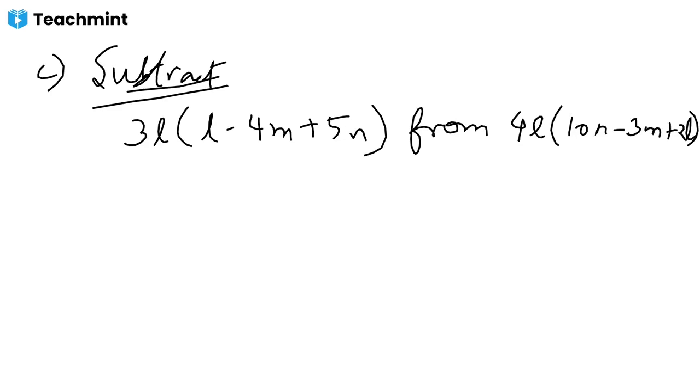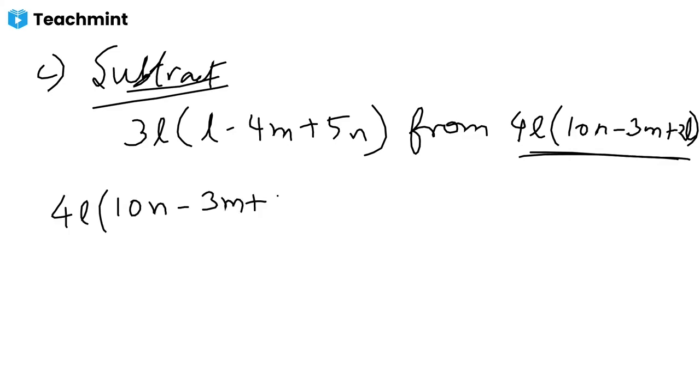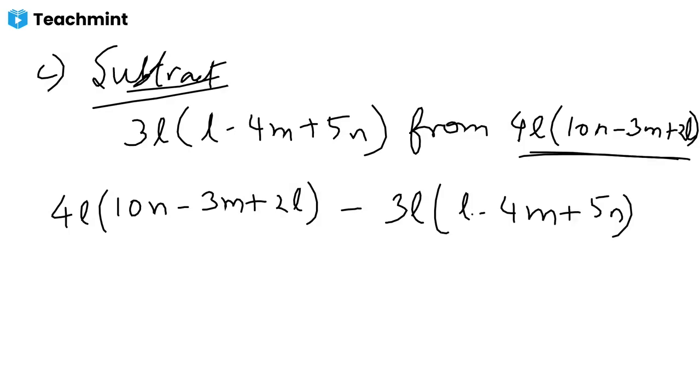And subtraction में एक और चीज ये ध्यान रखना है कि जो फ्रॉम के बाद वाला जो टर्म होगा वही पहले आएगा. ओके, सो 4l, 10n minus 3m plus 2l, this has to come first. Then minus, subtract means minus sign will come, 3L.